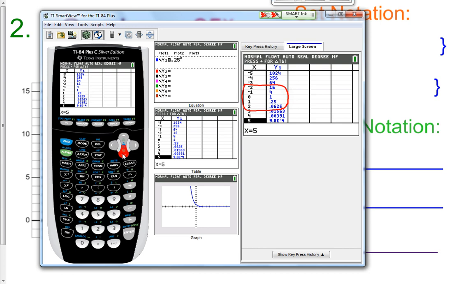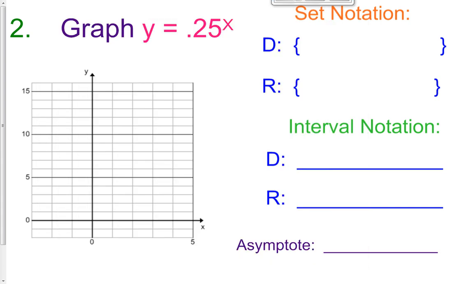We could attempt to plot those points right there. So let's try that. -2 up 16. -1 up 4. 0, 1. At right 1, we're up a 4th. And at right 2, we're up a 16th. It's kind of difficult to plot those fractions, but try as best you can.